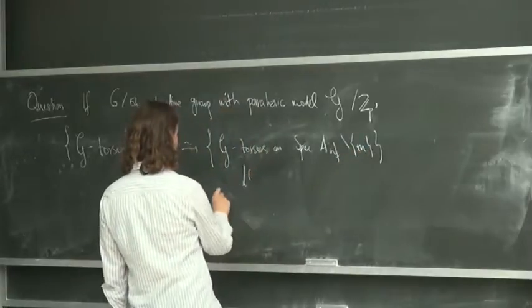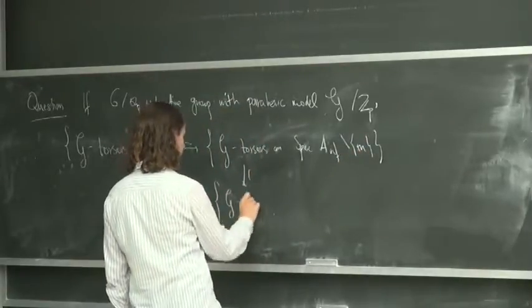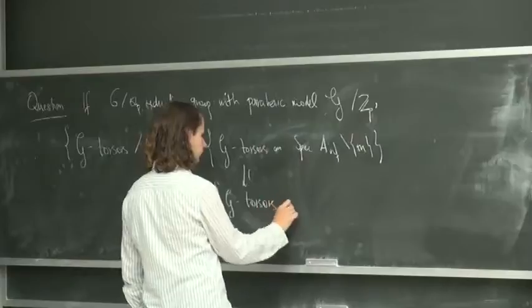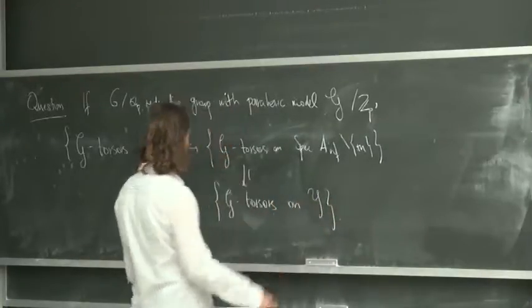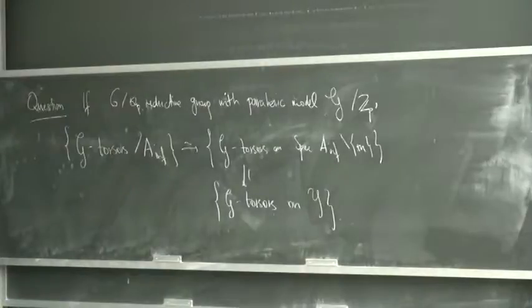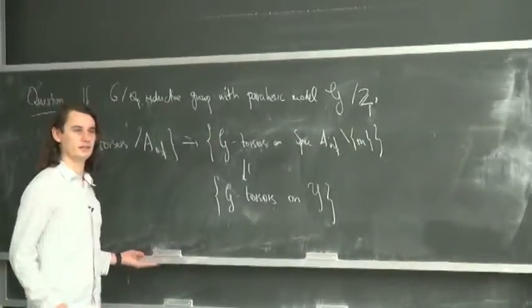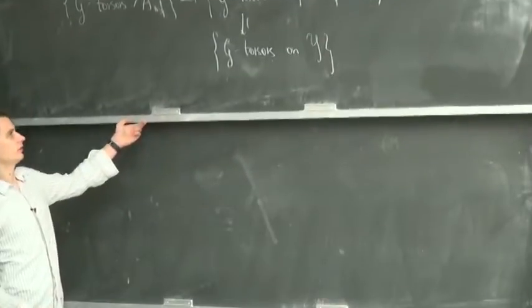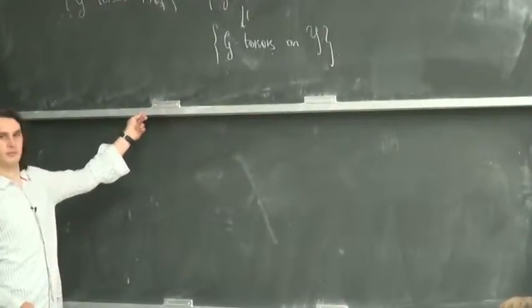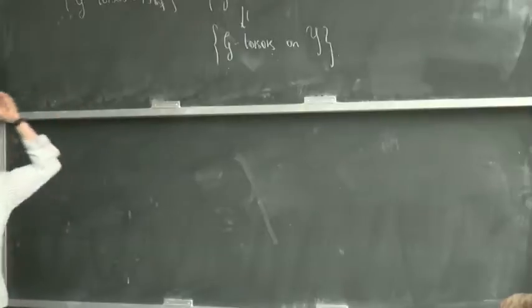Or also then as G-torsors on Y, if these are defined correctly? And I think over Z_p power series T, Kisin and Pappas prove something like this, if I'm not mistaken.